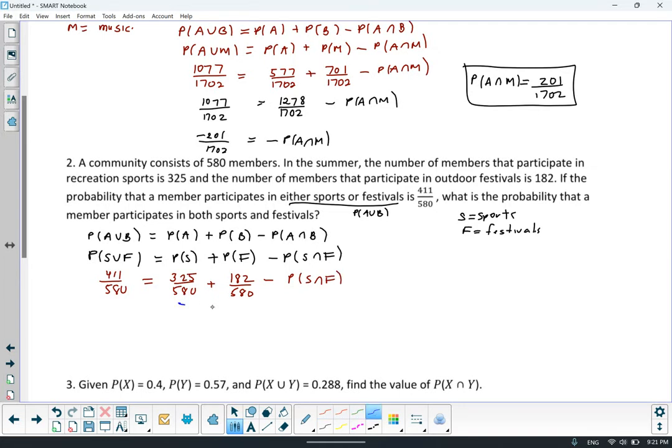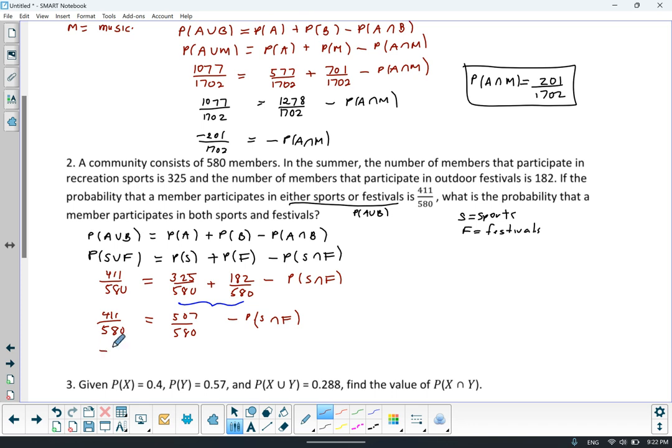And just like before, I'm going to combine the two fractions. And I get 507 over 580. And I'm going to subtract that from 411 over 580.